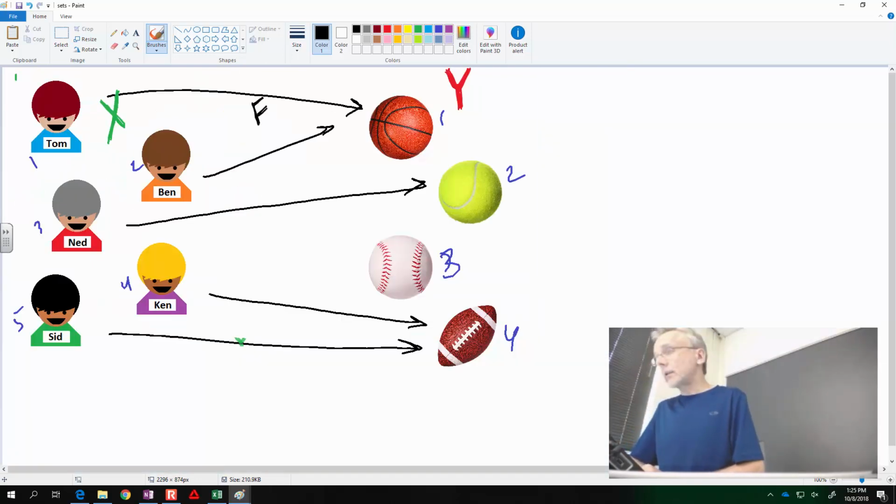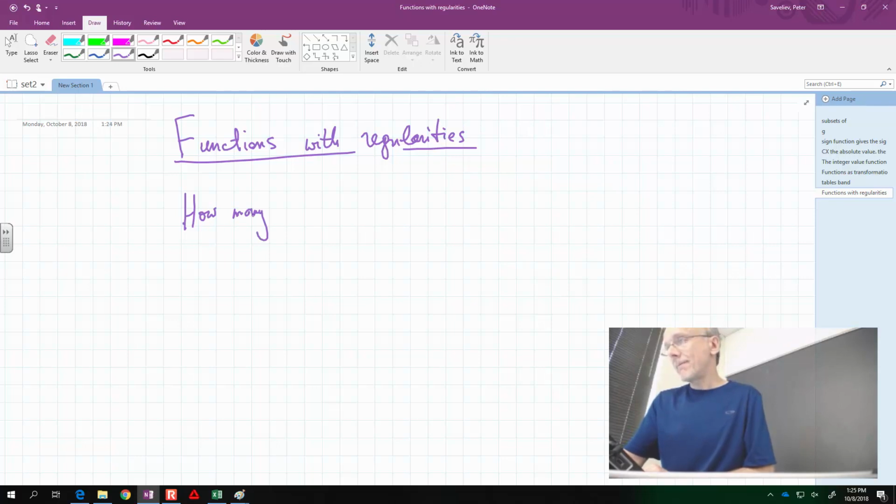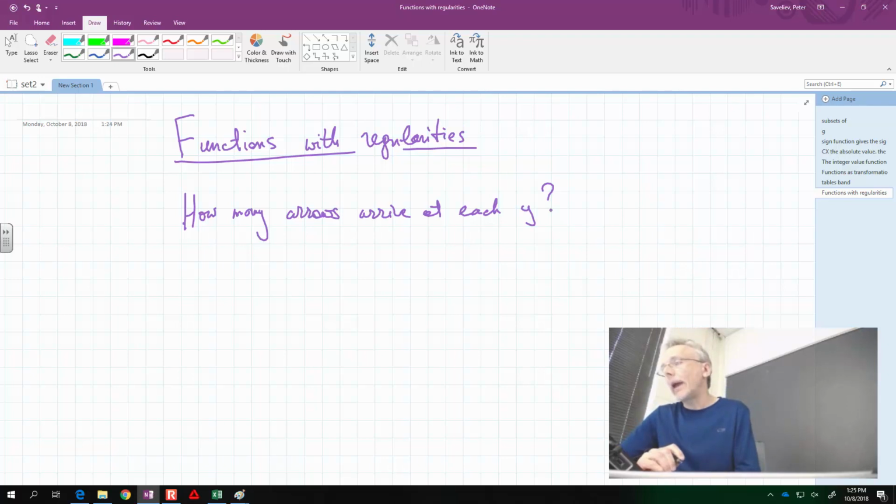The irregularity is detected by looking at the arrows, and how many arrows arrive at each of the destination points. So how many arrows is the question. Let me write it down. So how many arrows arrive at each y. That's what we look at.